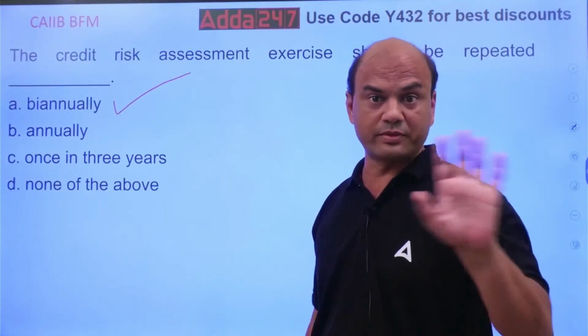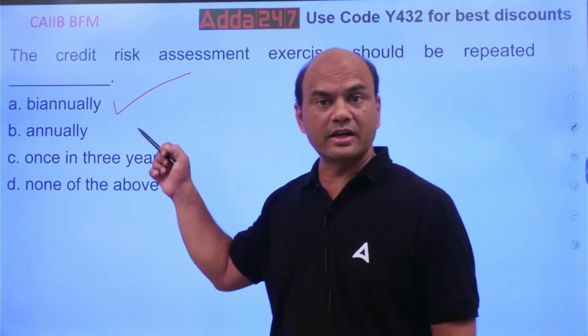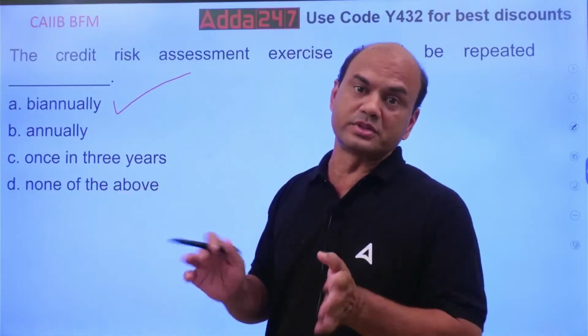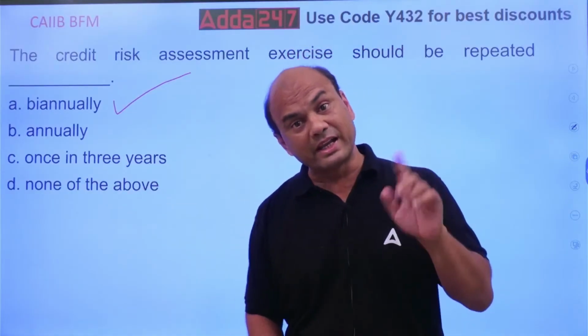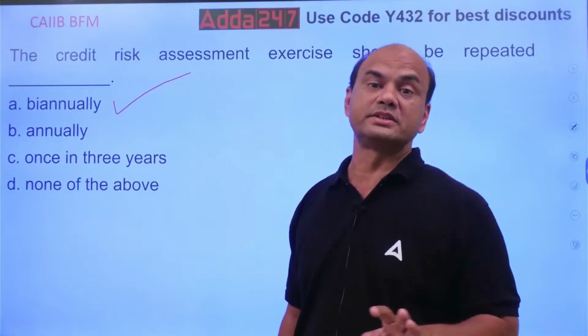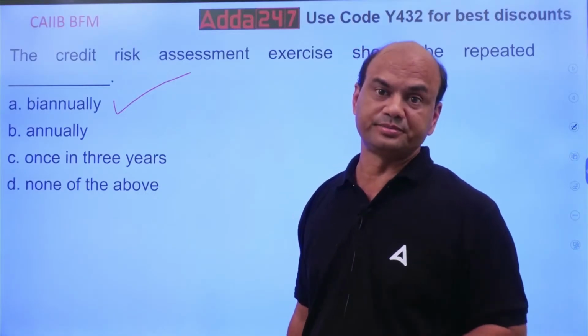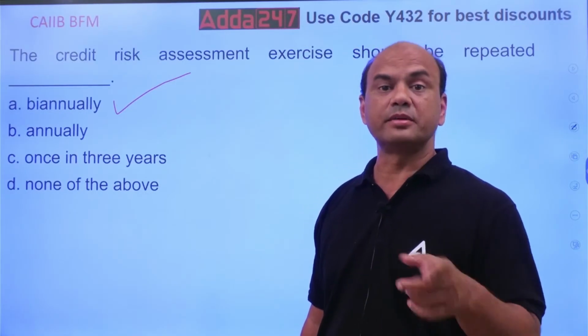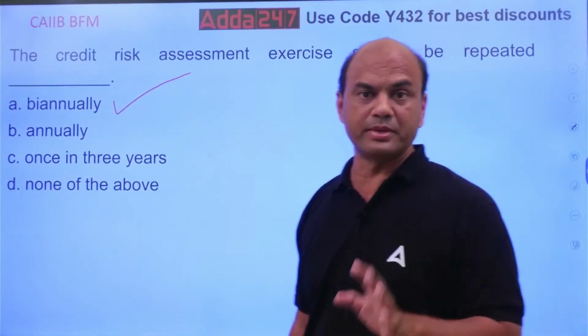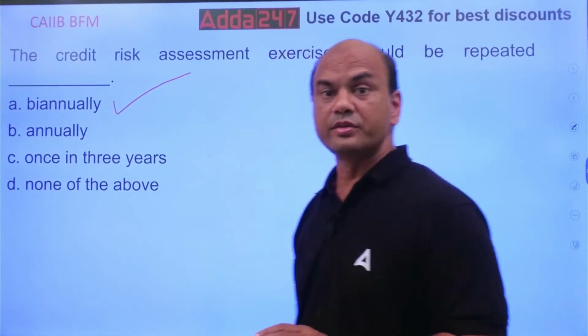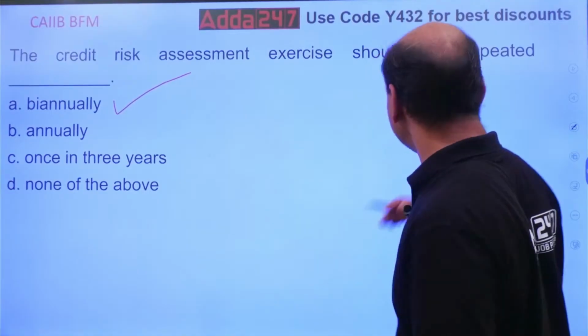No, that is different. This is credit risk assessment, meaning assessment of the loans. But ratings are generally done monthly nowadays. The CIBIL is given monthly, and in some cases quarterly for big companies. So that is different from this.